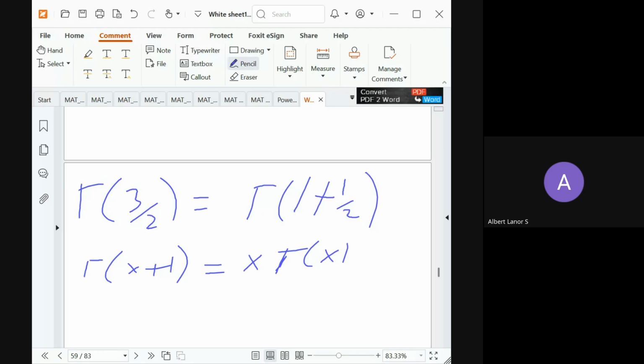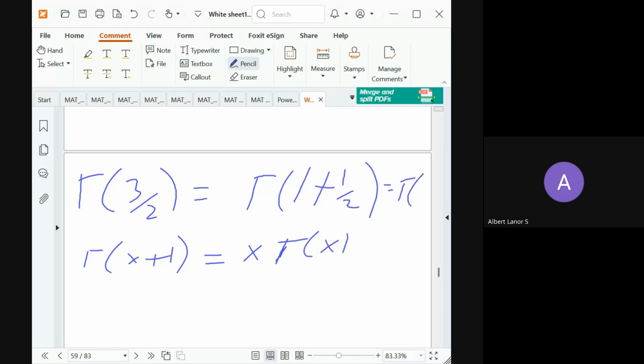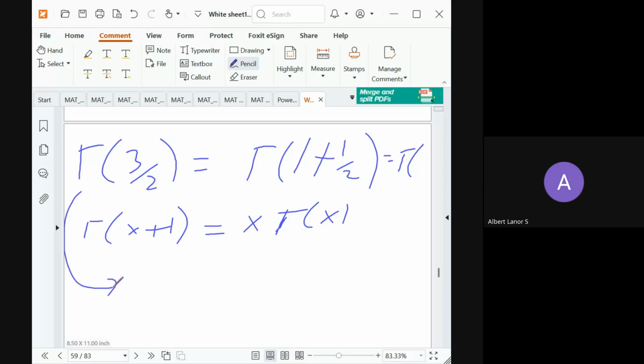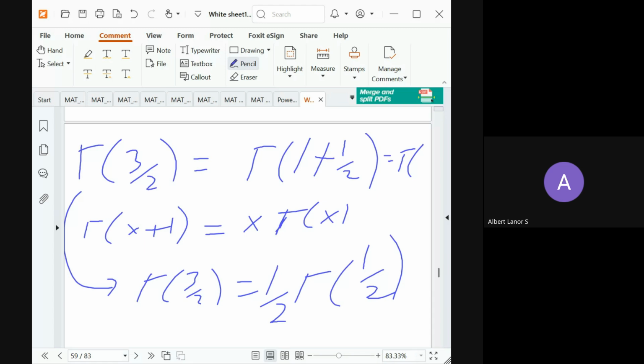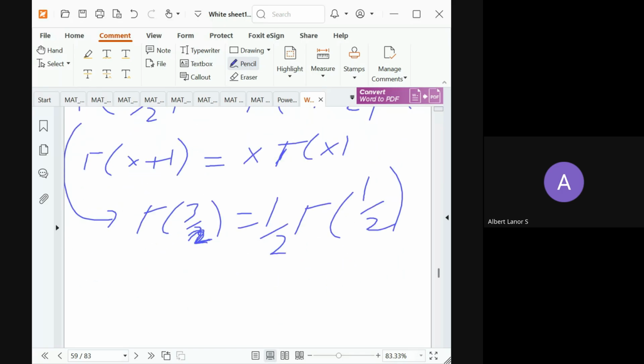So gamma of 3/2 will be equal to half gamma of half. So you're going to have half of gamma of half. Now, what is gamma of half? Gamma of half is root pi. So gamma of 3/2 is root pi on 2.